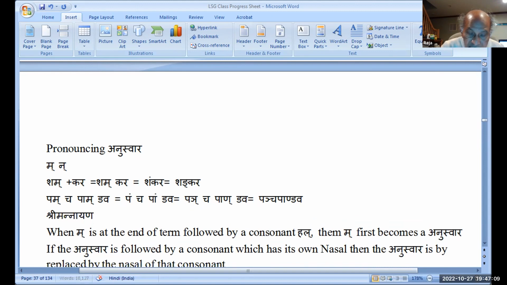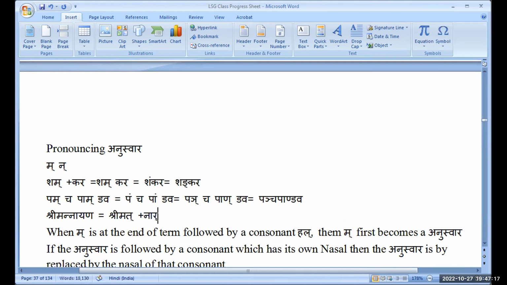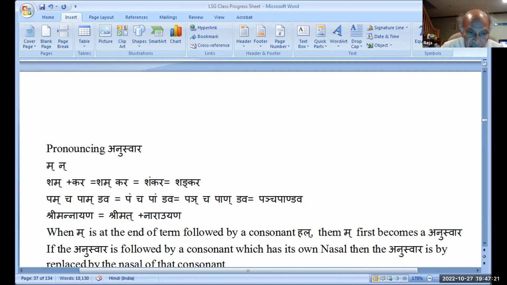And it is not Sriman Narayana, how it comes, it is Srimat Narayana. Narayana, sorry. And you will see occasionally I'm typing this Murdhanya Nakara because there is a reason why it comes like that.